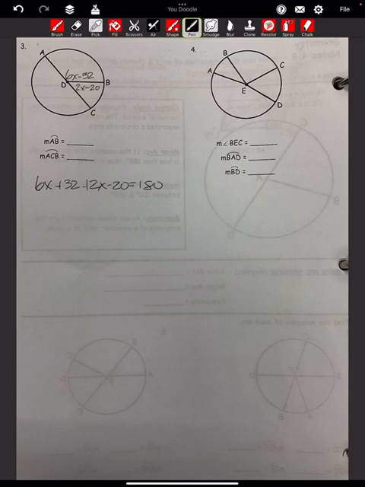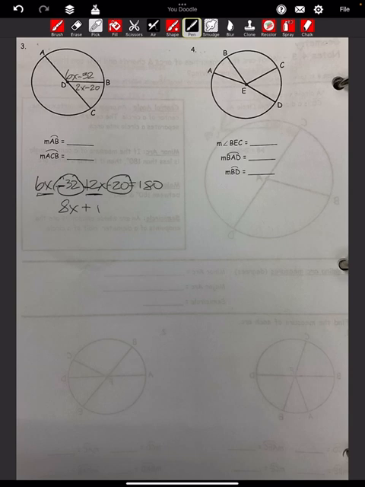All right, so let's combine like terms. We have 6x plus 2x, which gives us 8x. And then 32 and negative 20 give us positive 12. I'm sorry, it's supposed to be negative 32. Sorry about that, guys. It's actually right in the picture, but when I wrote it down I put a plus sign there.